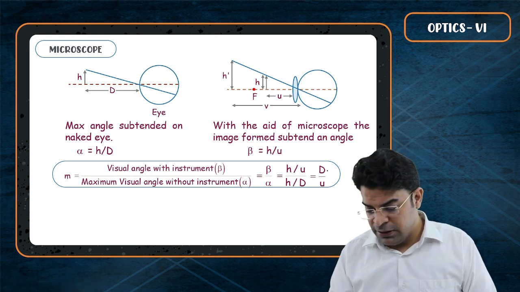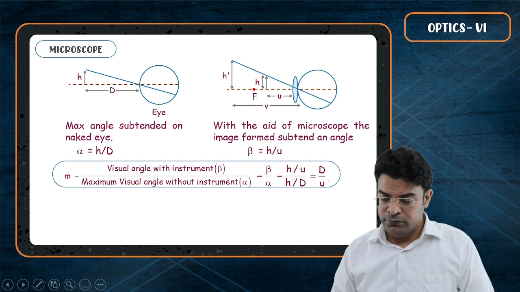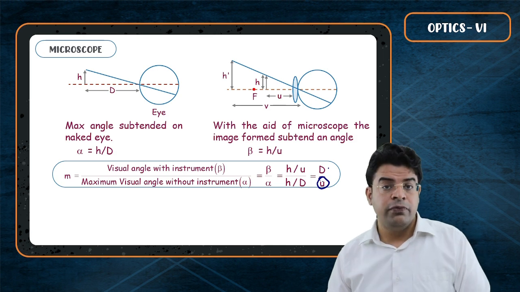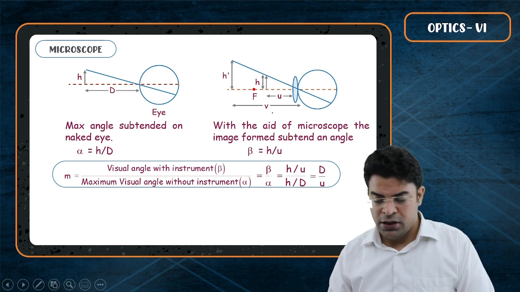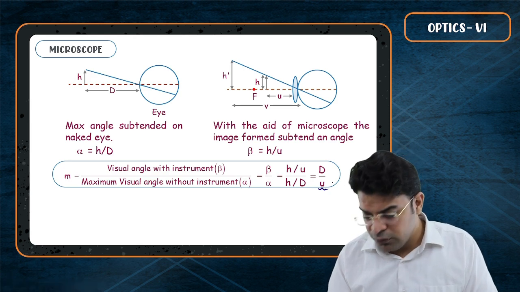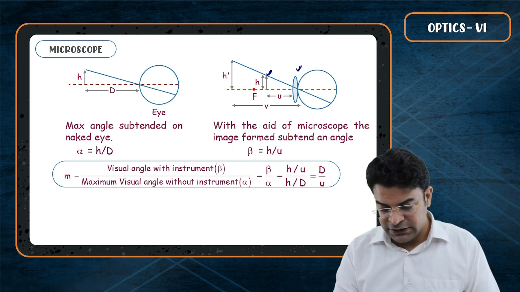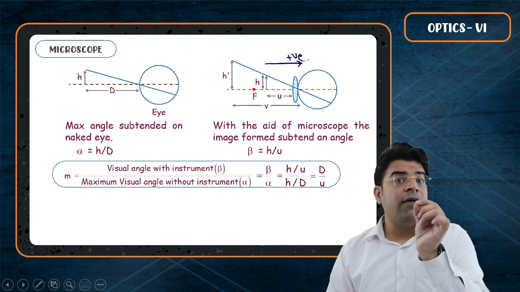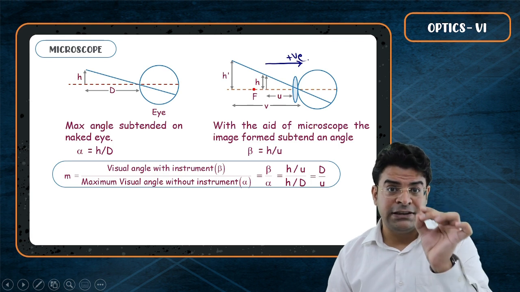Now bachcho, remember this thing. Now what we are going to do is important. Rather than writing this formula in terms of u, we will write it in terms of v, and there is a reason why. I will go to the reason later, but let's substitute u in terms of v. For this object and this lens, the incident ray is from left to right. So if I have to use the lens formula, I should substitute the things with sign.